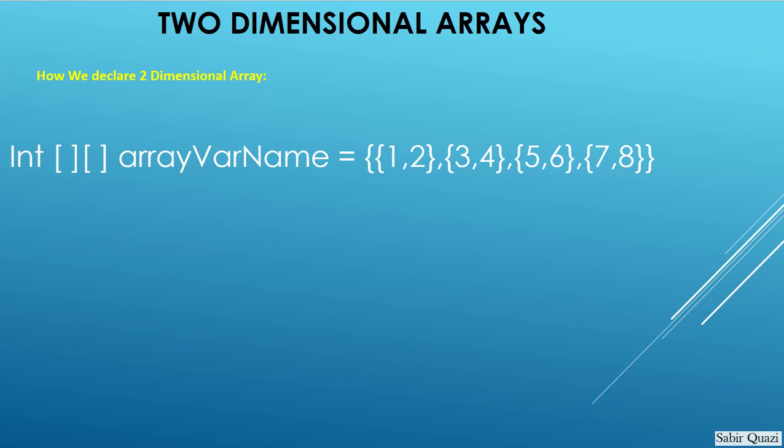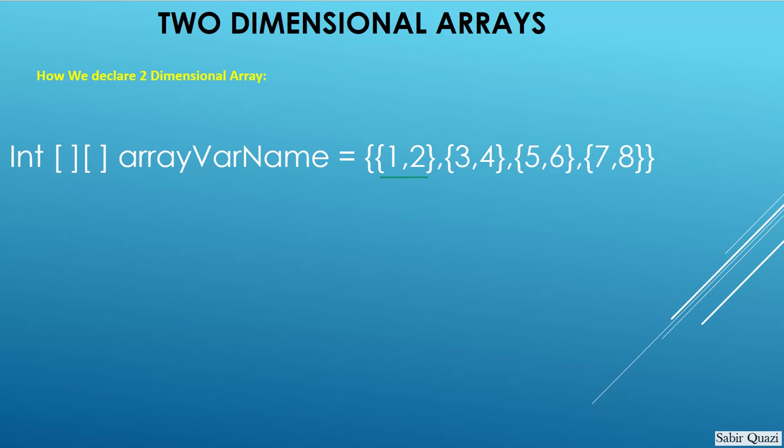How do we declare the array? First we use the integer type, which is the data type of the array. These two brackets mean that the first bracket defines the rows and the second defines the columns, similar to an Excel sheet. The array var name is the variable name of this array.